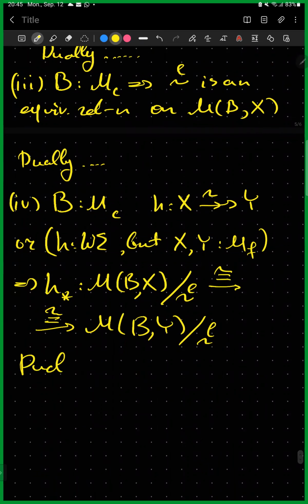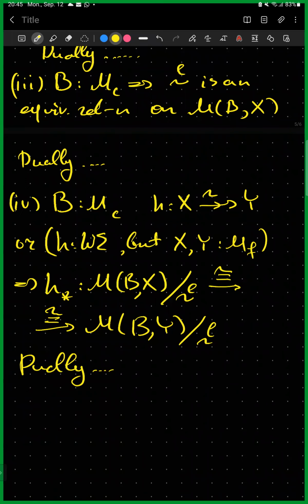And dually, we have the same statement for fibrant X, trivial cofibration, or weak equivalence between cofibrant objects.